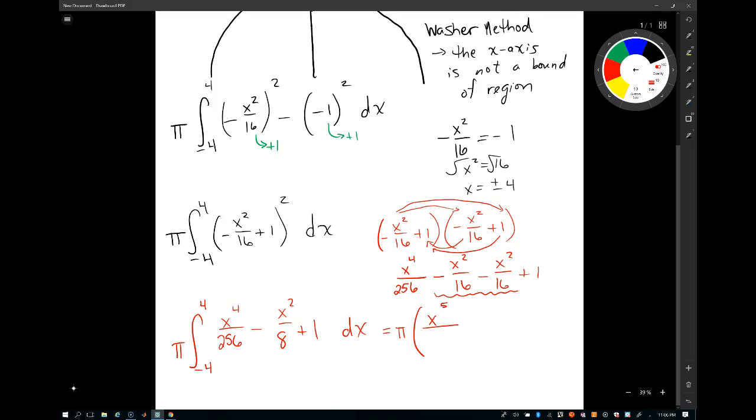Since we're already dividing by something else, we just multiply them together, and we get 1,280. Same thing here, the old power of 2 is going to go up to a 3, and then you divide by 3, which when we multiply that with the 8 gives us a 24. And then we have plus x. And we're going to evaluate from -4 to 4.